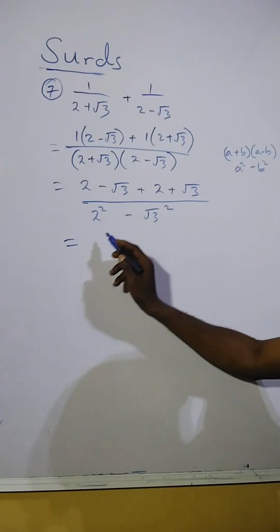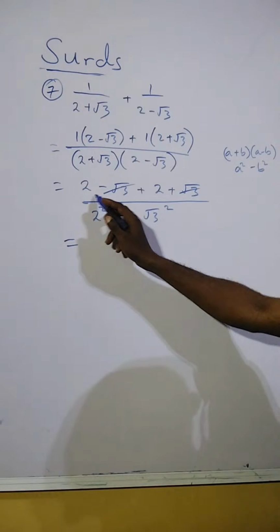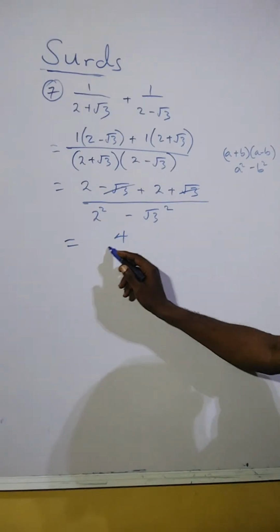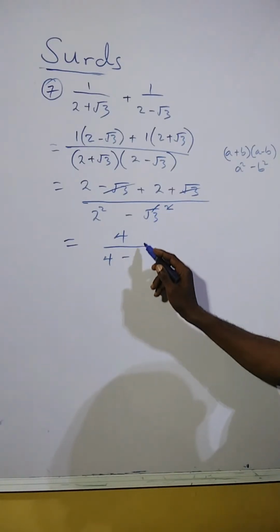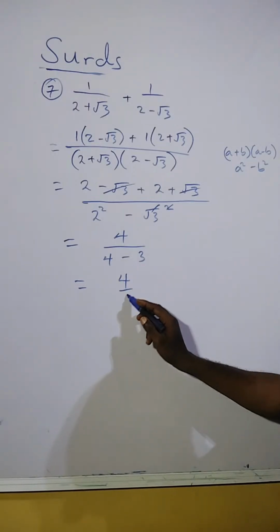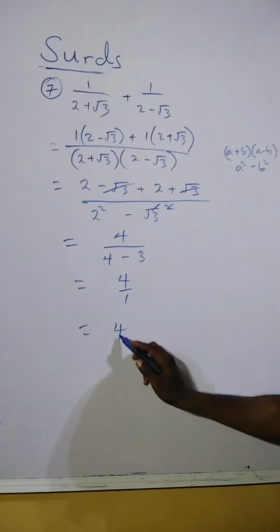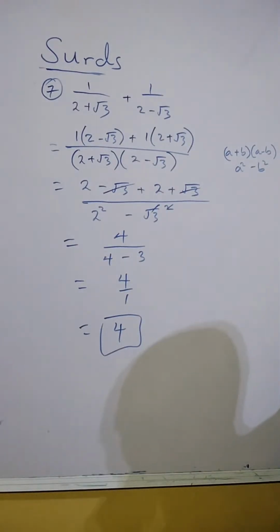Then minus root 3 plus root 3 cancel each other. We have 2 plus 2, that's 4, over 2 square, that's 4, minus root 3 square, square cancels square root, that's 3. And this becomes 4 over 1, which equals 4. So the simplified form of this given problem is 4. That is how to rationalize this type of problem.